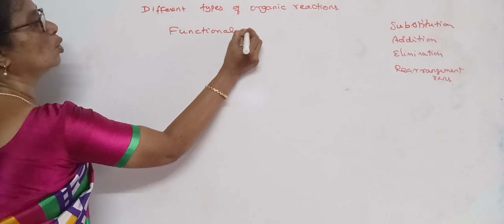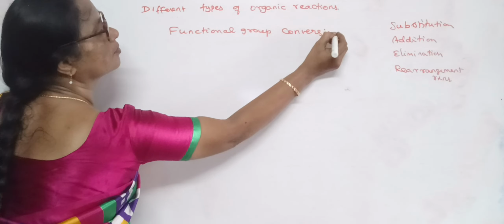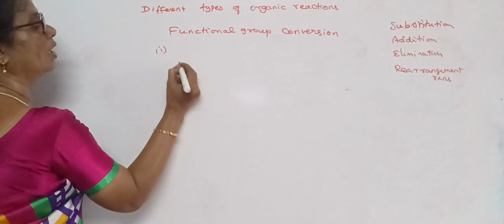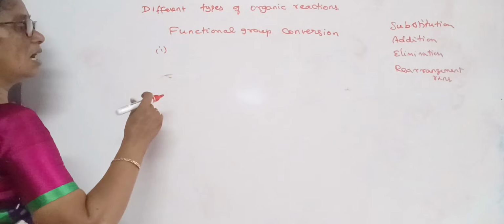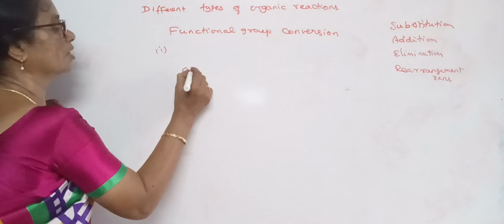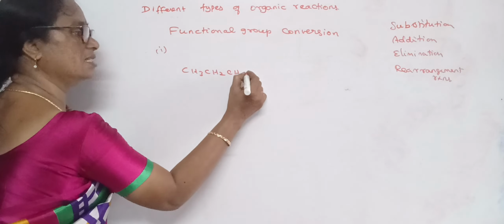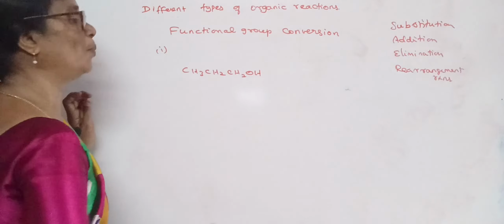So the next reaction, functional group conversion. Let us take first of all alcohol. We have 2 types of alcohol, primary alcohol and secondary alcohol. Suppose I have the primary alcohol CH3CH2CH2OH, it is propanol.